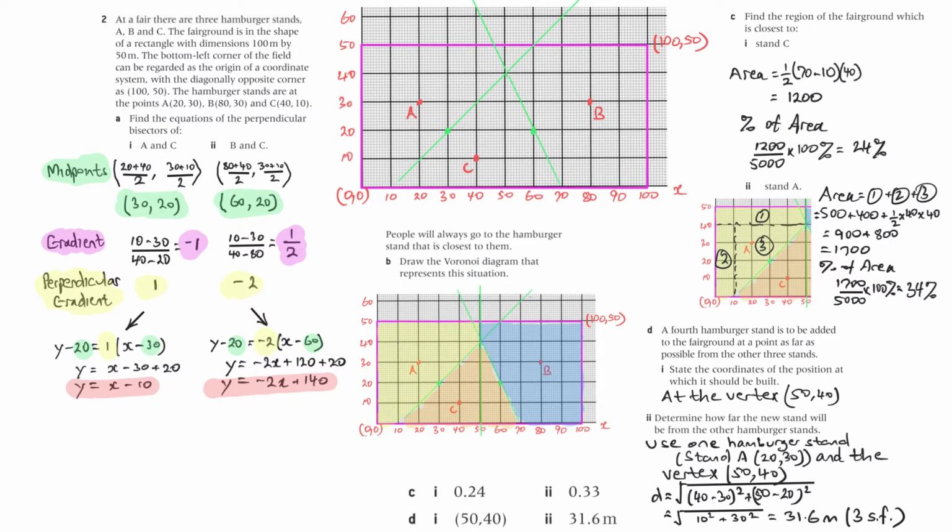Okay, so how do we use that? Well, we're going to do it all by eye again, and we're going to break this thing up. All this area in here is closer to A than it is to C, so we can colour all that in one colour. This line separates A and B, so we can go right up to that line in that corner up there, and we can fill that in as yellow as well.